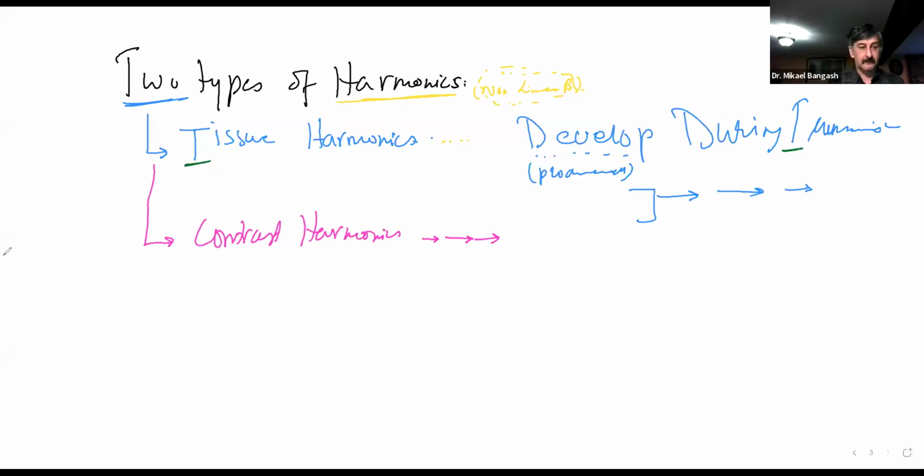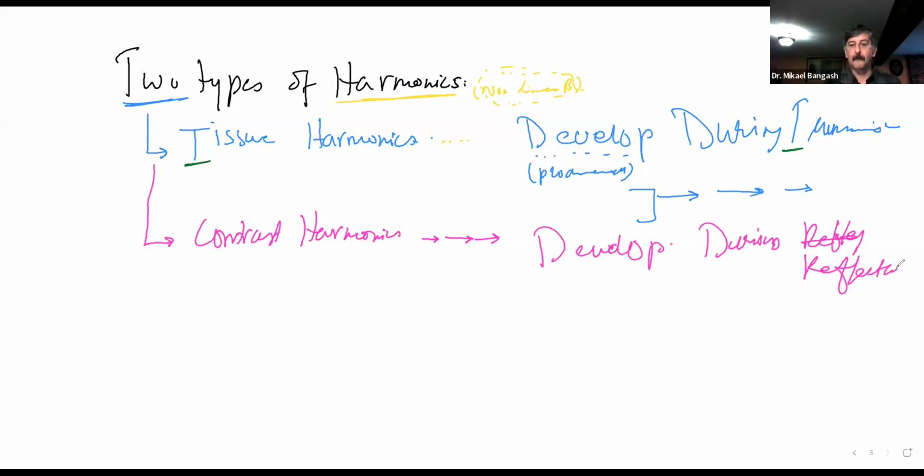Clear? But for contrast harmonics, our question, or the first point is, where or when is it that it develops? That develops during reception. Or let's say reflection is probably a better word. What do you mean by reflection?